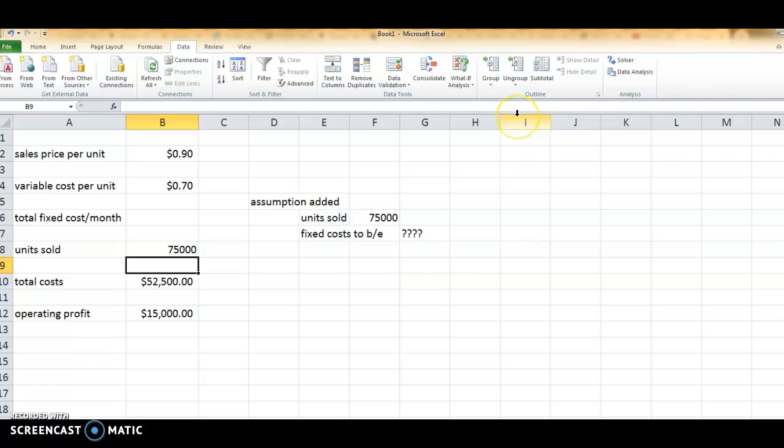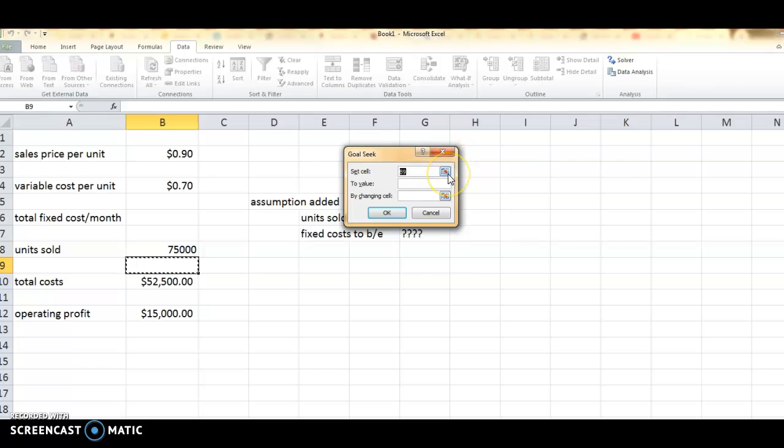And again, I'm going to go to my break-even analysis. So my What If Analysis, Goal Seeker. So now I'm going to set the same cell, the operating profit. I still want an operating profit of $0. But now I'm going to be changing instead the fixed cost per month.